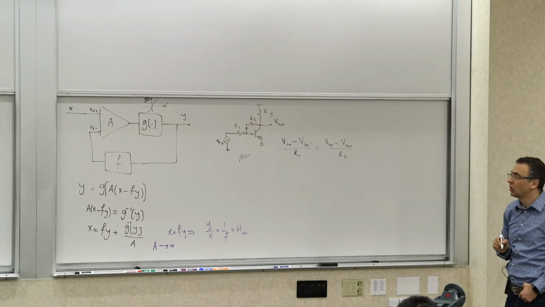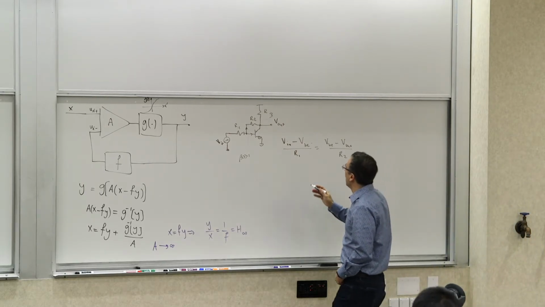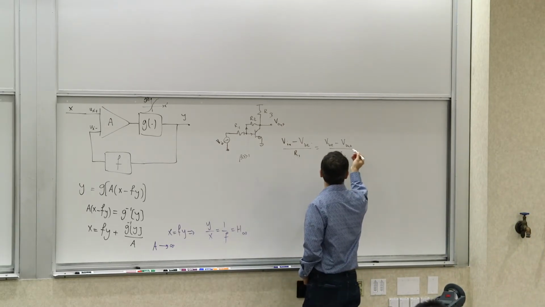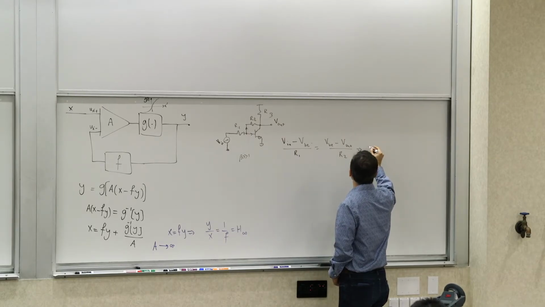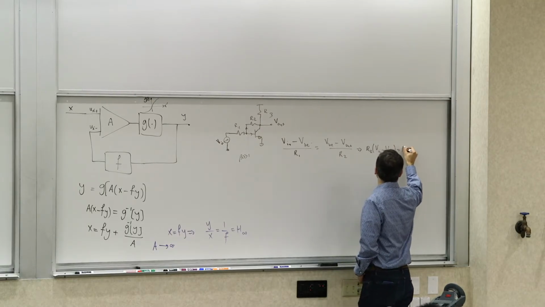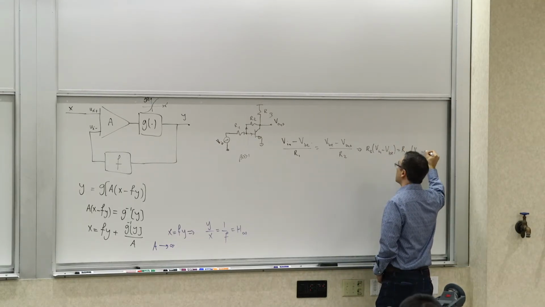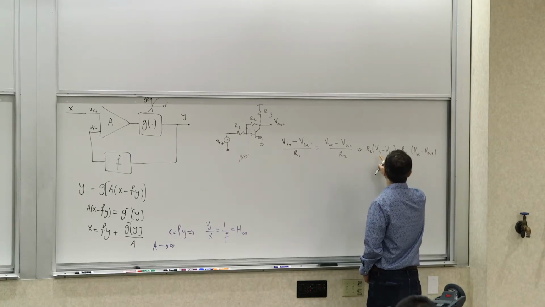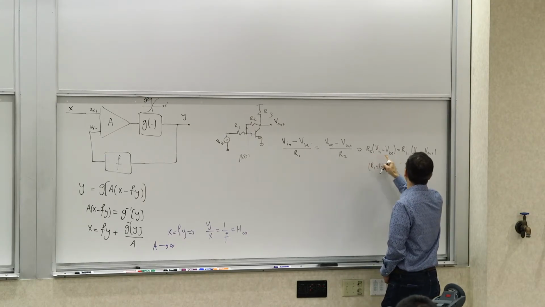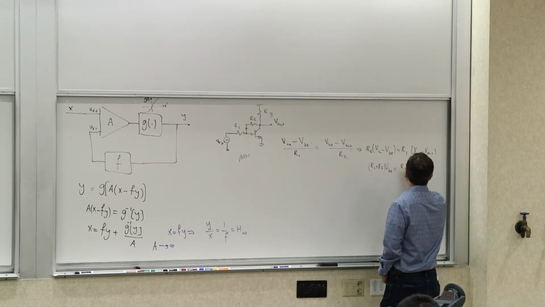Now, I can solve for VBE. I can multiply it out, and then you get R2 times (V in minus VBE) equals R1 times (VBE minus V out). Then you move this term to the other side, and you get (R1 plus R2) VBE equals R2 V in plus R1 V out.